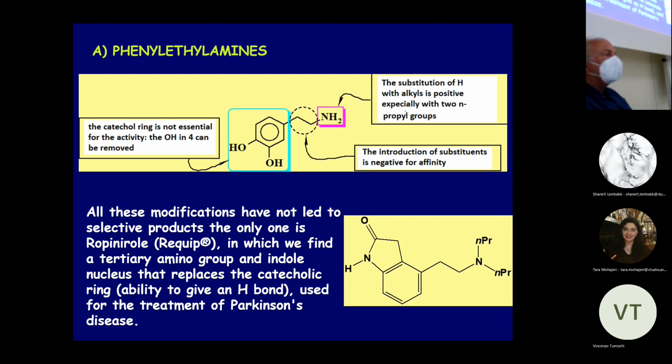So it cannot be present. If the OH in 4 is not present, the catechol ring cannot be attacked by catechol-O-methyltransferase, because this type of enzyme is able to attack only the catechol system, not a simple phenol group. Phenol is 1 OH, catechol is 2 OH.